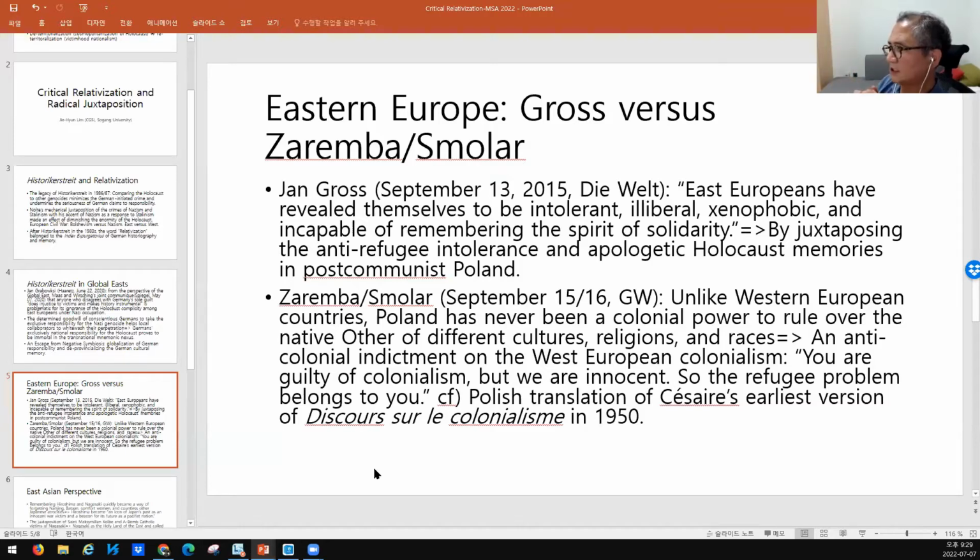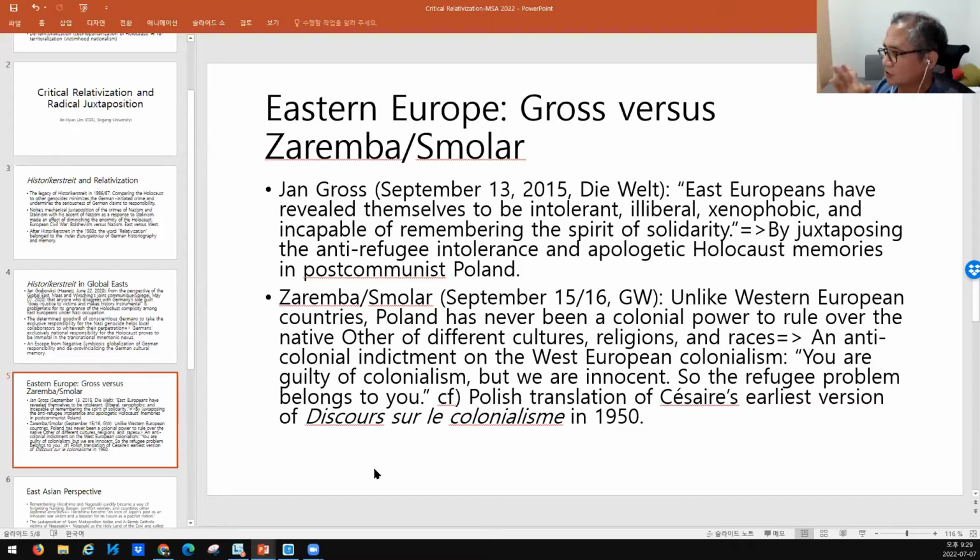The quote: "East Europeans have revealed themselves to be intolerant, illiberal, xenophobic, and incapable of remembering the spirit of solidarity." But he just pointed out the Polish government's reluctance to accept the Islamic refugees after the Syrian civil war.